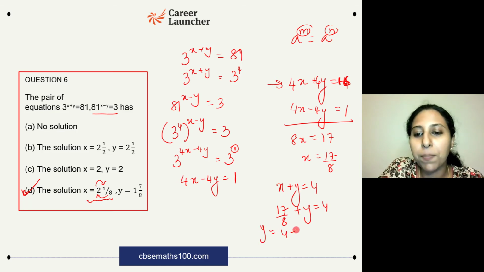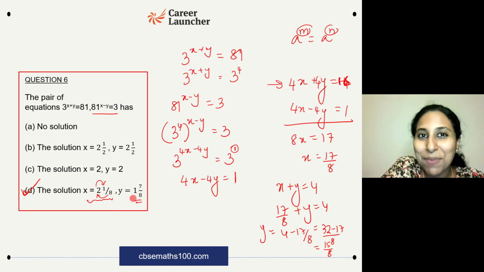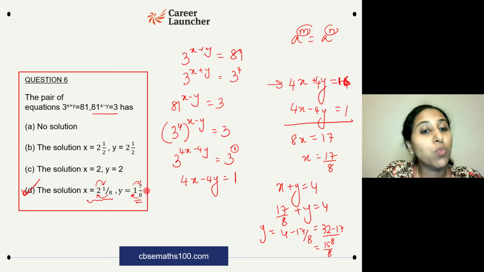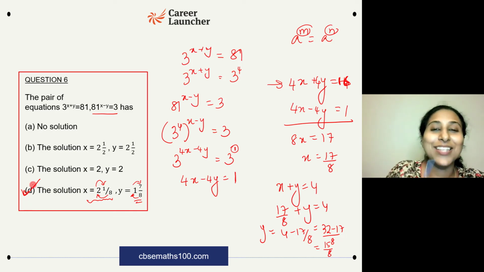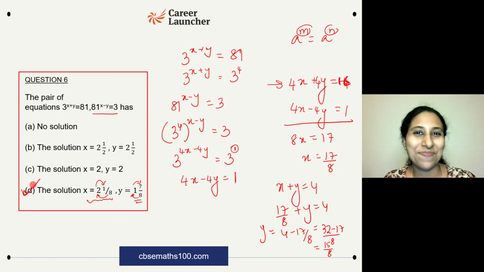Y is 4 minus 17 by 8, which is the same as 32 minus 17 by 8, or it is equal to 15 divided by 8. This option matches the same, right? 15 by 8. 1 7 by 8 means 8 into 1 is 8, 8 plus 7 is 15. 15 by 8 is what you're getting here as well. So the correct answer is option D over here.